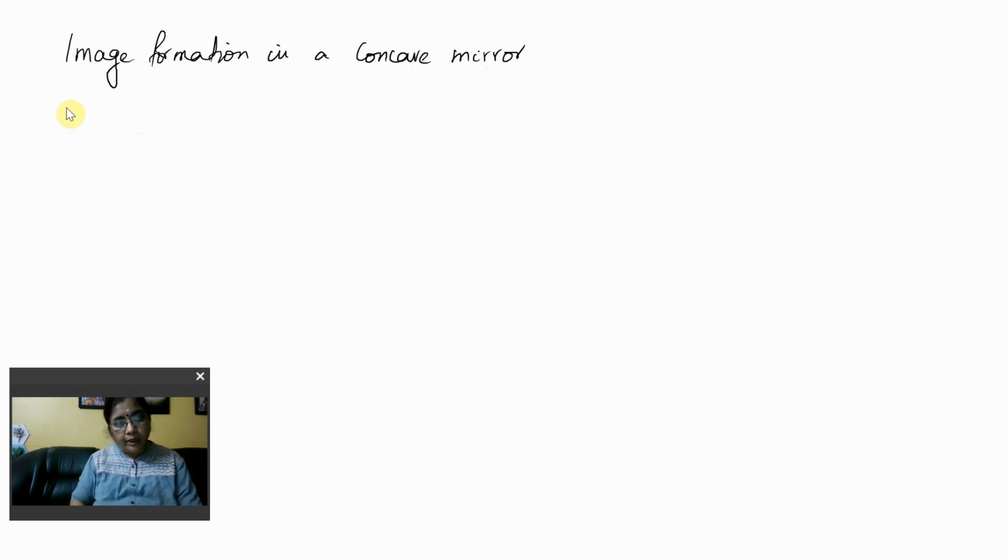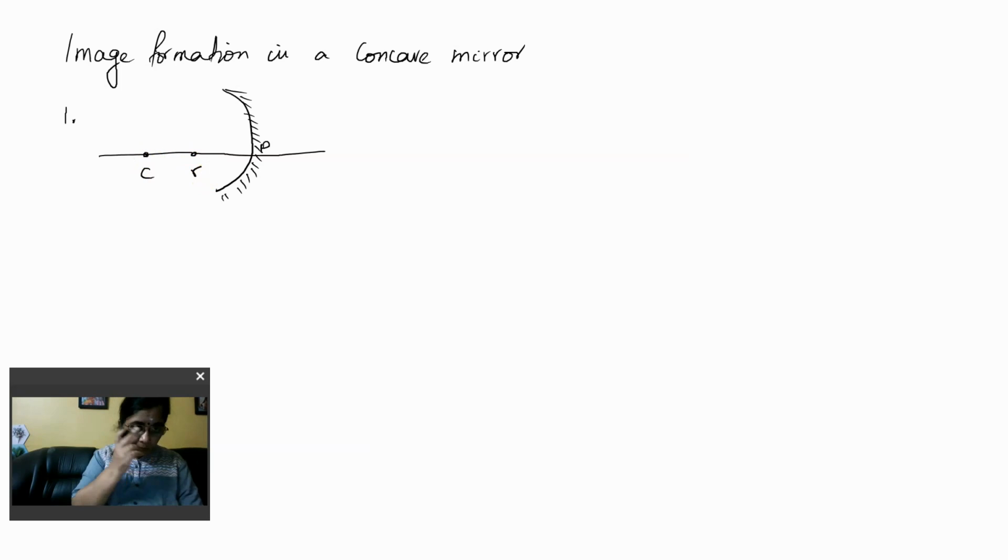So position 1, we will see all the positions in this page. We'll have a comprehensive table later. This is my concave mirror. This is pole P of the mirror, this is center of curvature C of the mirror, and this is radius of curvature R of the mirror.